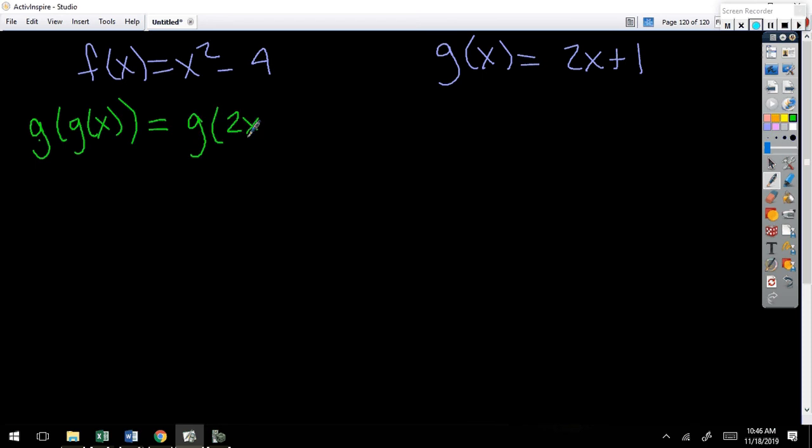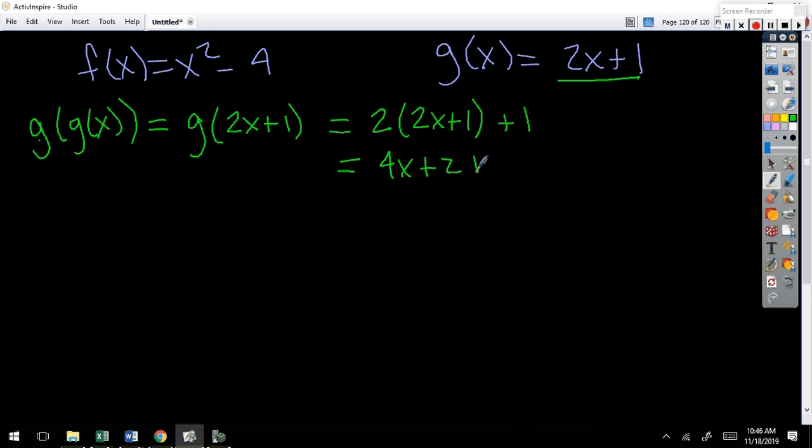So you're literally plugging in. I take it again and say, okay, I've got 2 times, and it's not x anymore, it's 2x plus 1, plus 1. So you plugged in g of x for x in g of x. You're just plugging in something for x.